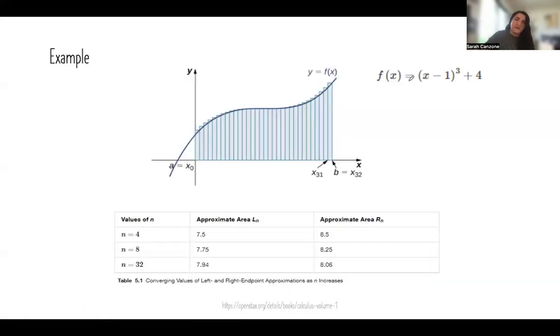All right, here's an example of f of x equals x minus 1 cubed plus 4. This is already drawn out because absolutely no way would I ask you to draw out 32 rectangles. That would be awful. But as you can see, the more rectangles you create, the more accurate your approximation is going to be.